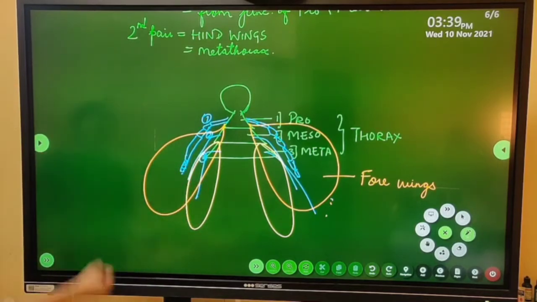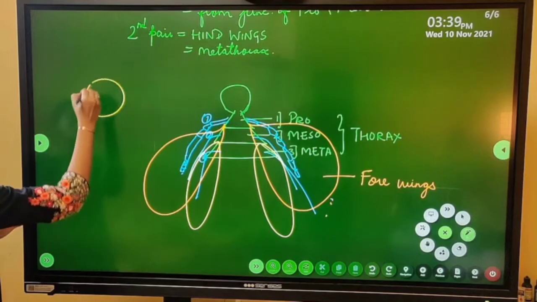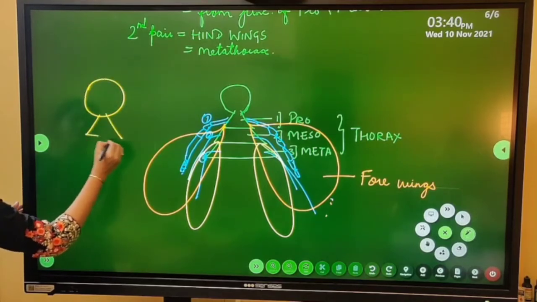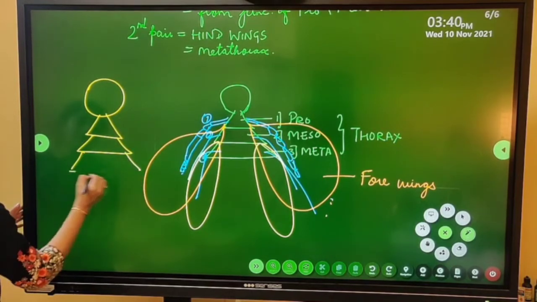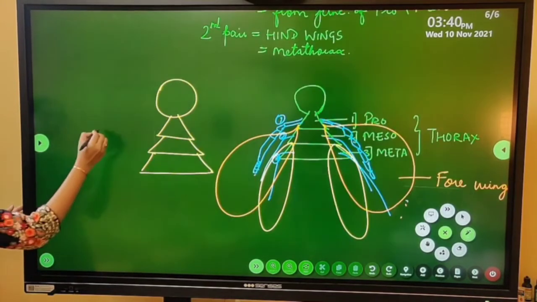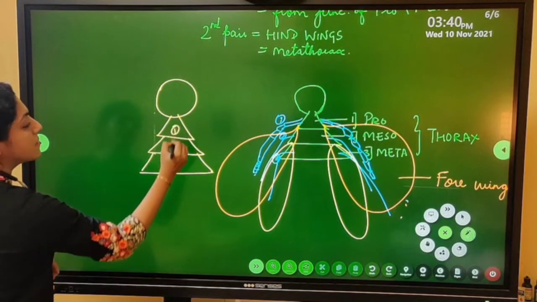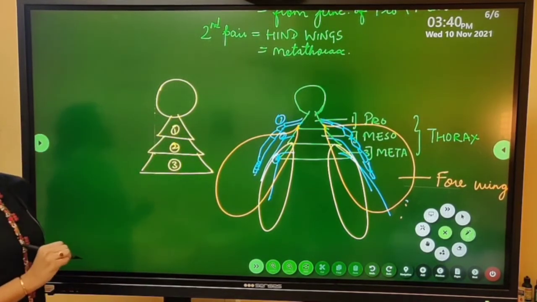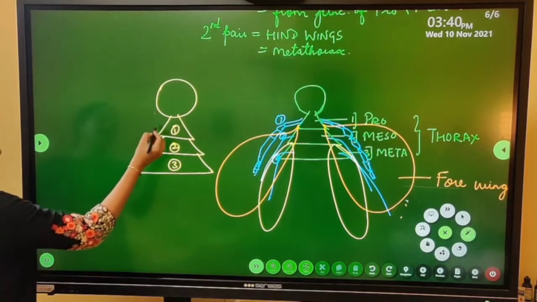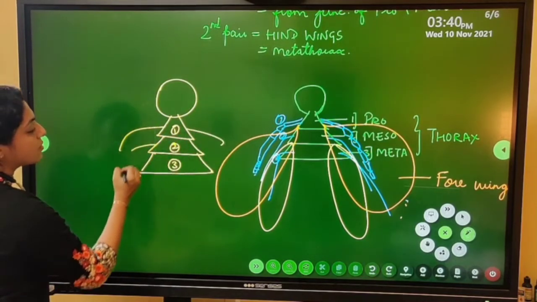If we want a clear picture, this is the head. This becomes the first thoracic segment, second thoracic segment, third thoracic segment: prothorax, mesothorax, metathorax, 1, 2, and 3. The sequence you should remember. Then each will have one pair of legs.